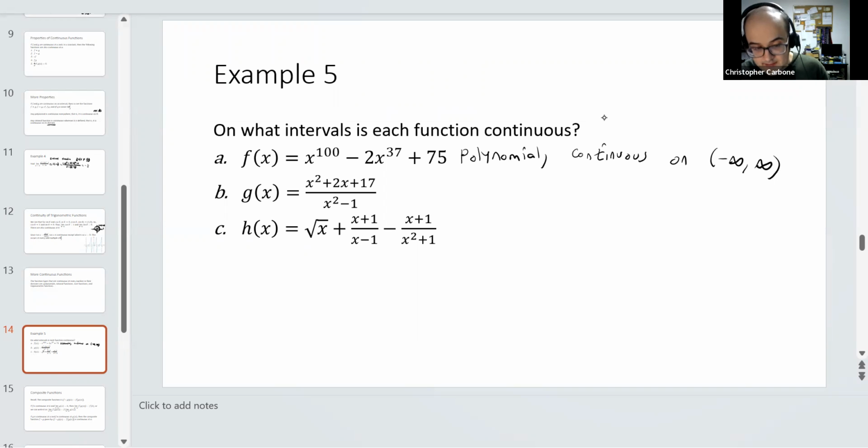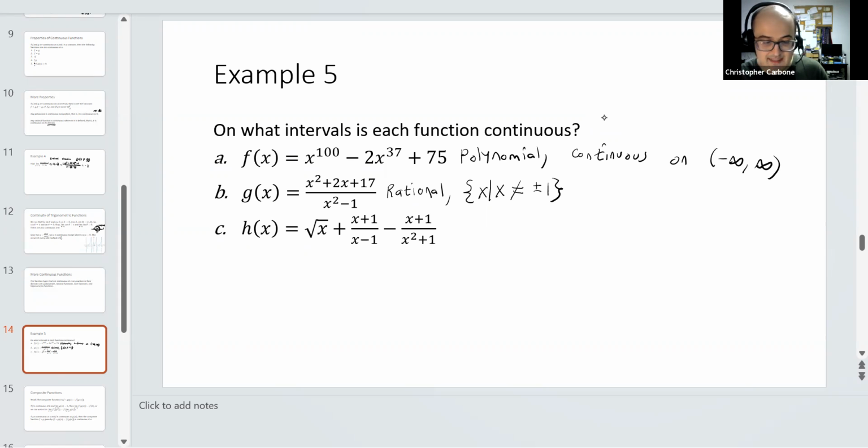Next, g of x, x squared plus 2x plus 17 divided by x squared minus 1. This is a rational function, and because of that, we need to look at the domain, where the denominator can't be 0. That occurs when x is positive or negative 1, since then we get 1 minus 1, which is 0.